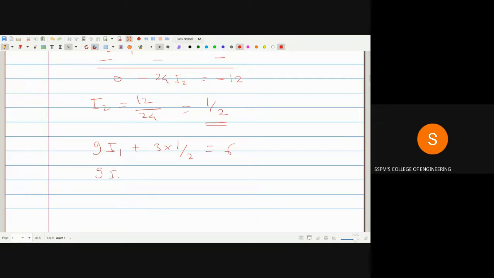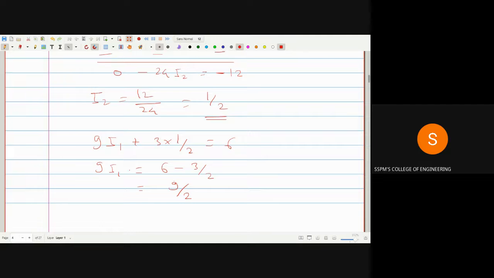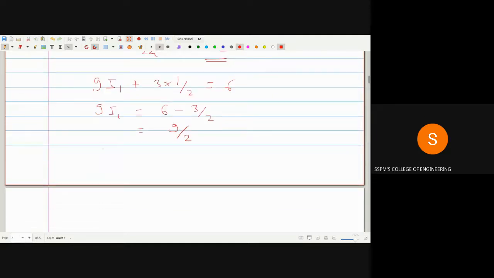So 9 I1 is equal to 6 minus 3 by 2, is equal to 12 minus 3 is 9 divided by 2. And I1 is 9 divided by 9 into 2, is equal to half. So I1 is half and I2 is also half.